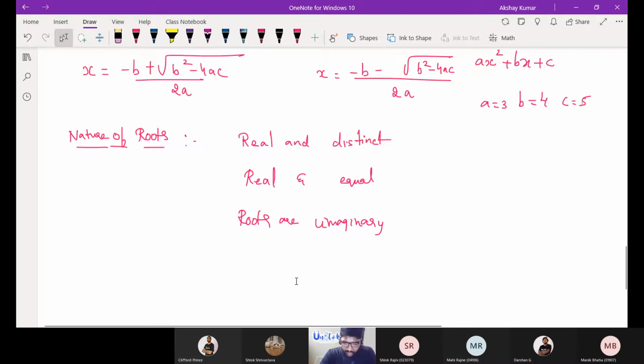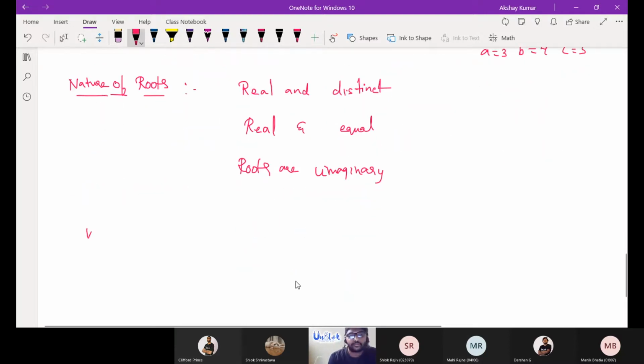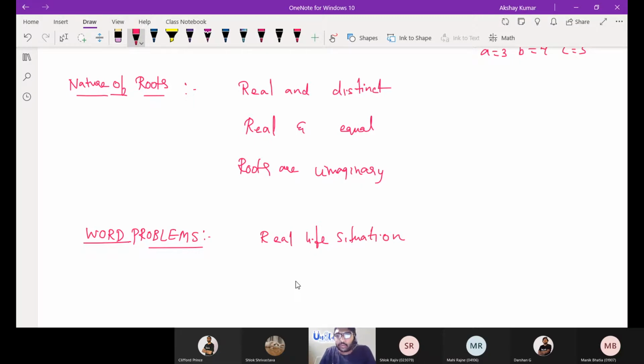The next part of the chapter is word problems. These word problems will test how you are able to interpret a real life situation. I'll give you one real life situation and describe it in terms of a problem.